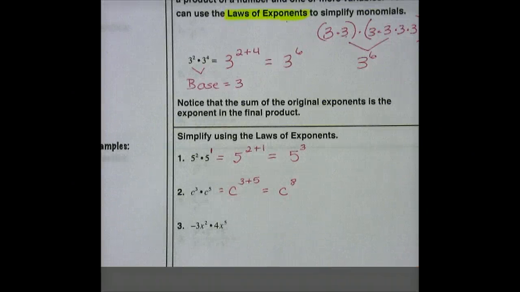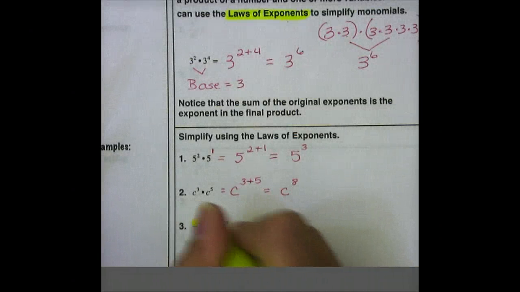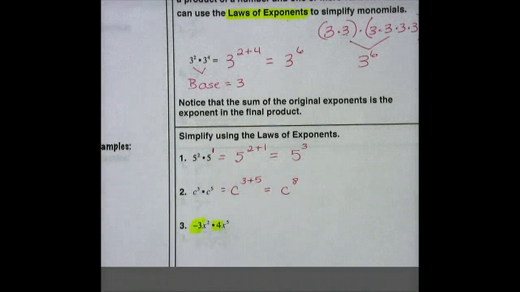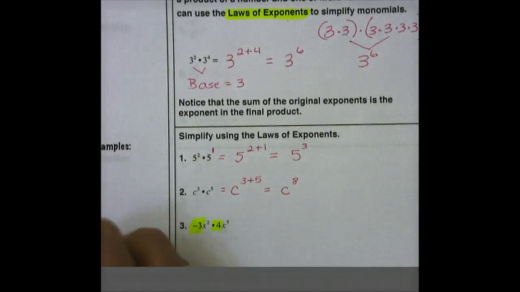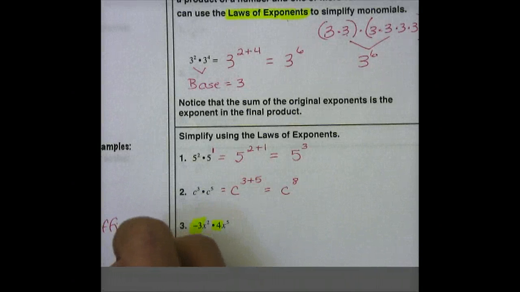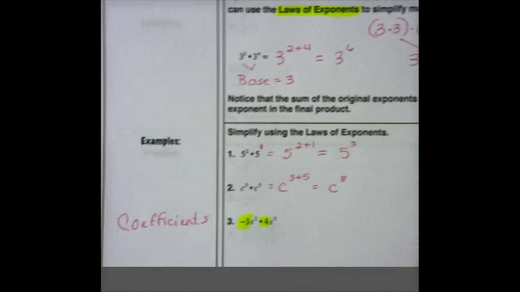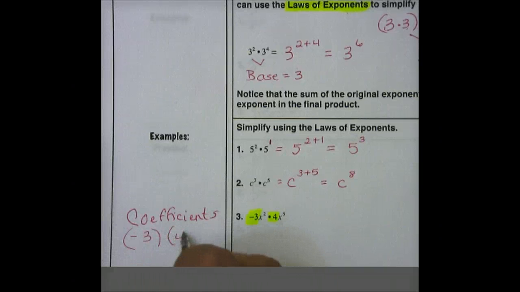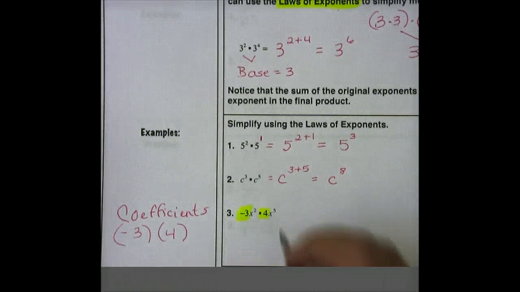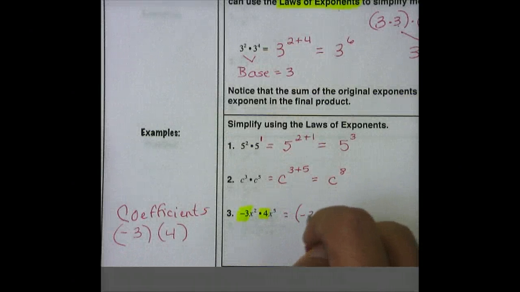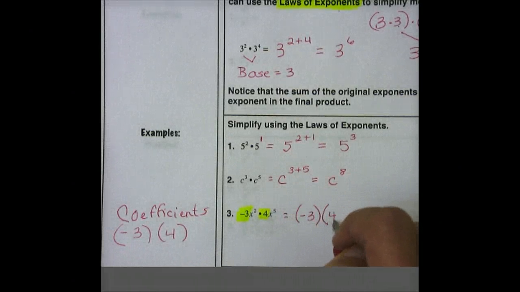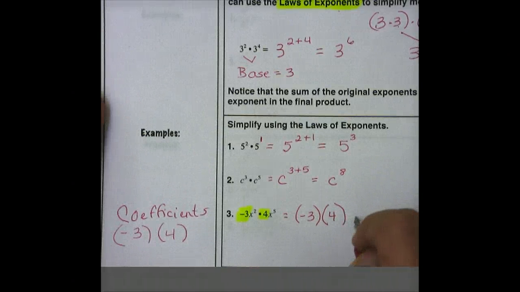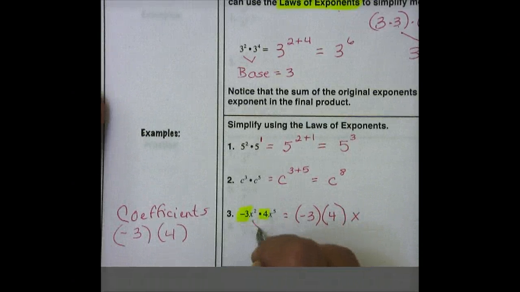Now, number 3 is going to be a little bit different because you might notice that we have coefficients here. We've talked about coefficients before. So we have coefficients -3 and 4. So the first thing we're going to do is take those coefficients out. And then we're going to take our base. Remember, our base here is x.